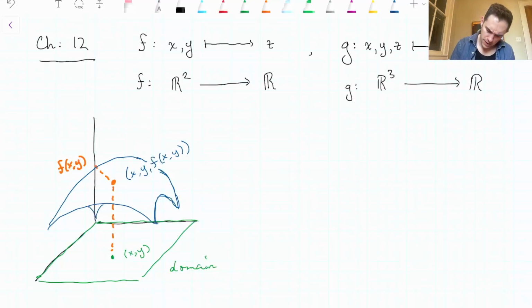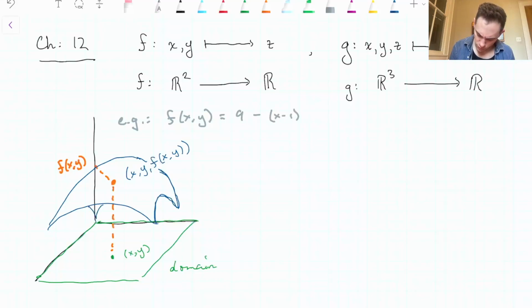So I don't know, maybe this surface was something like f of x, y equals 9 minus (x minus 1) squared plus (y minus 2) squared. Maybe that should be a minus. I don't know, just a random example.